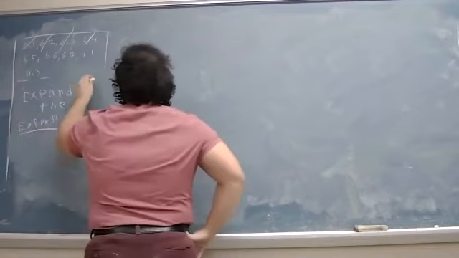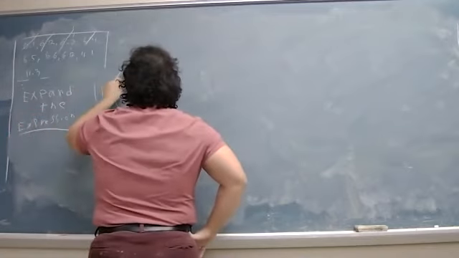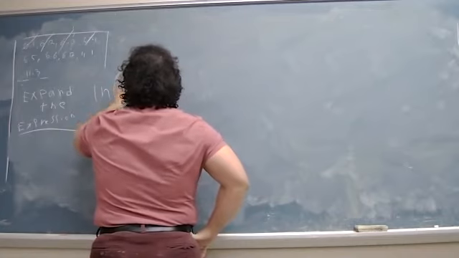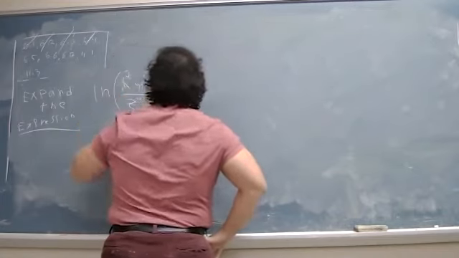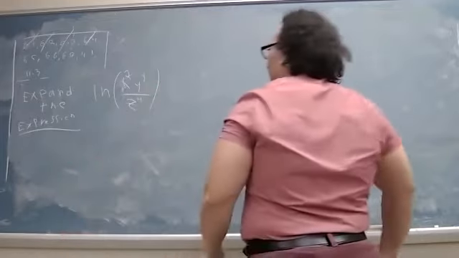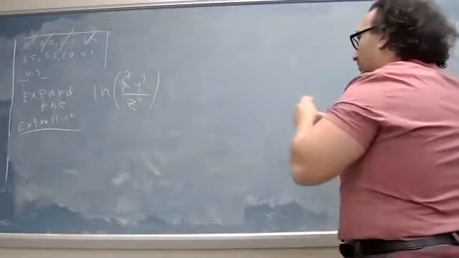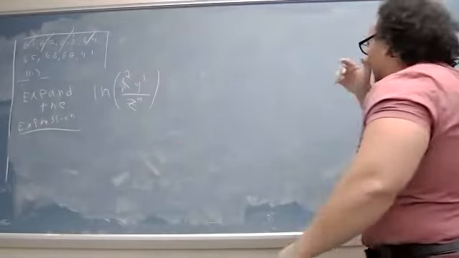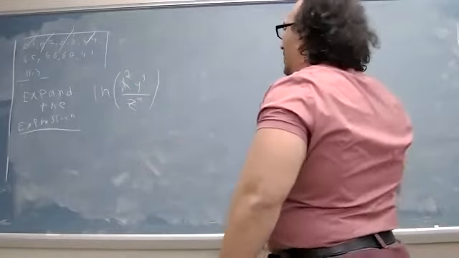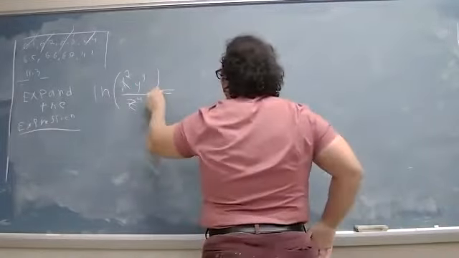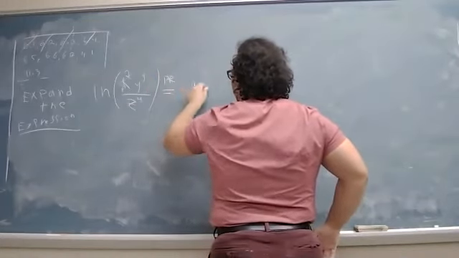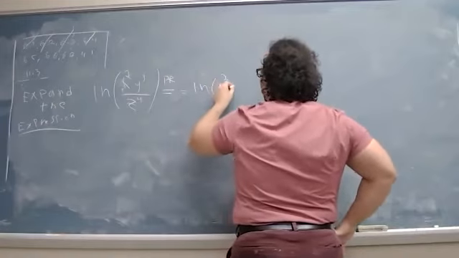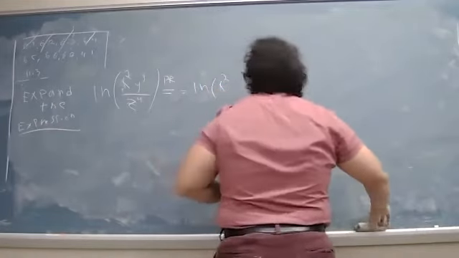How about we say, what is the ln of x squared y cubed divided by z to the fourth power? How can we expand this? Meaning, write it out as a series of ln's. So first we use the product rule. Oh, actually, what I mean is the quotient rule.